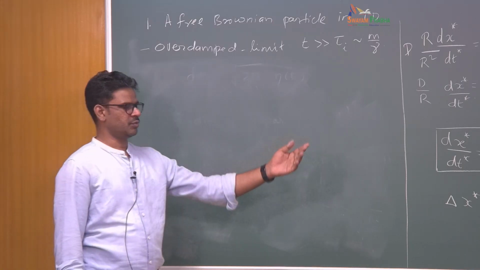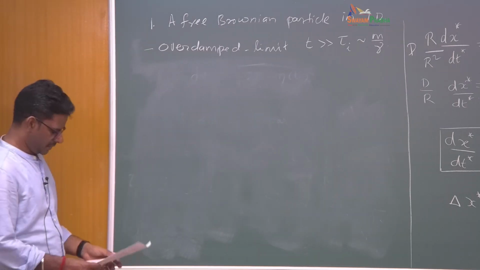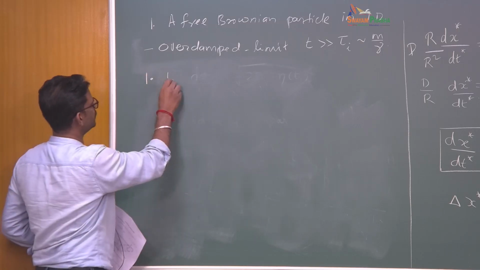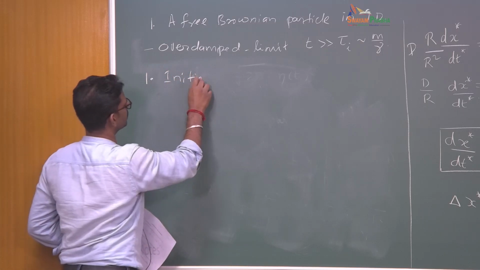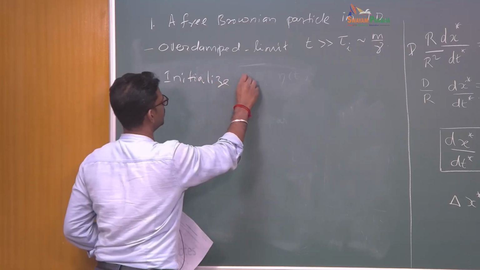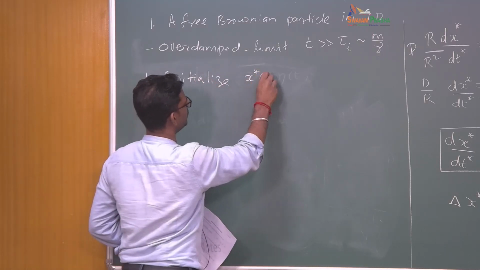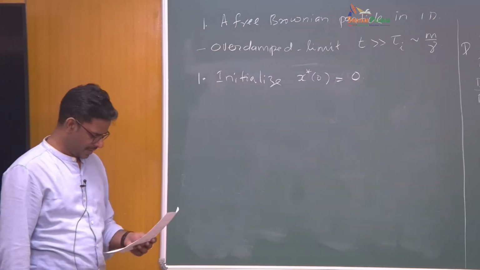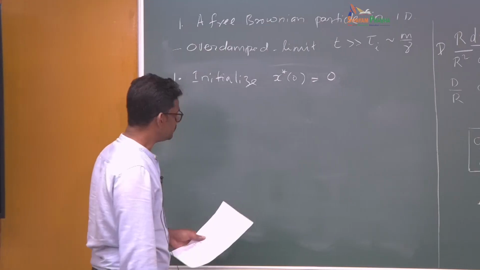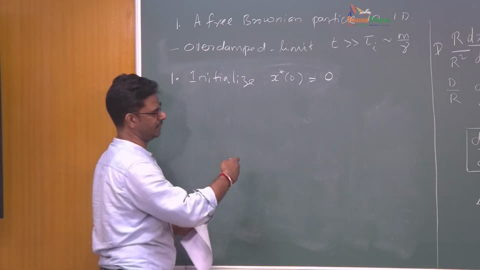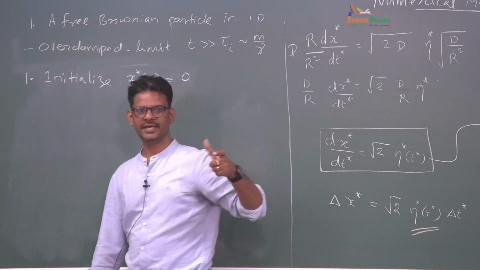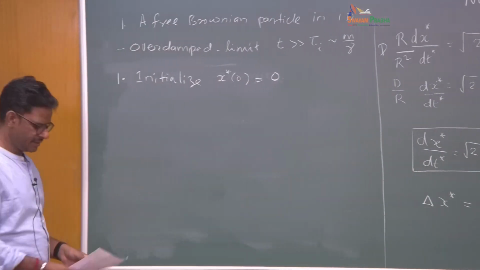So if you want to write a small computer code for executing this, you would probably follow this kind of algorithm. First we do an initialization, that is x star at time t equal to 0. You can start from the origin. In the trajectory you are creating in discrete time steps, you decide how many data points you want to create.